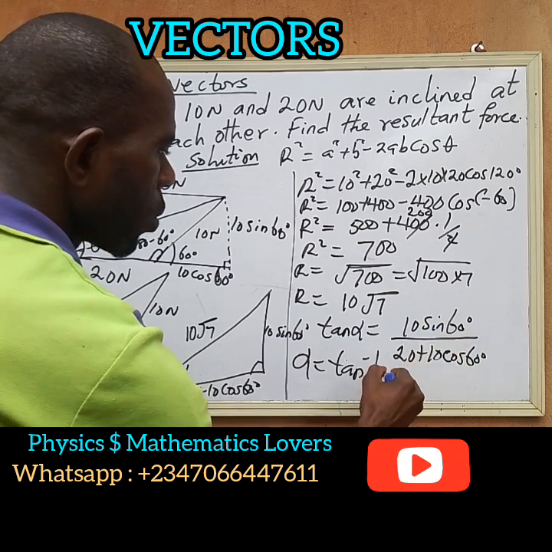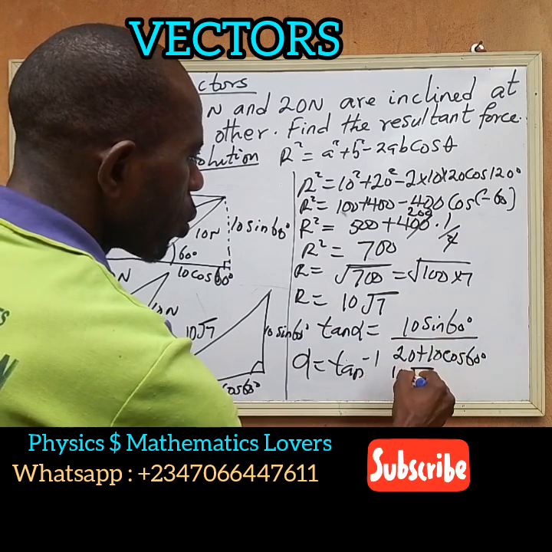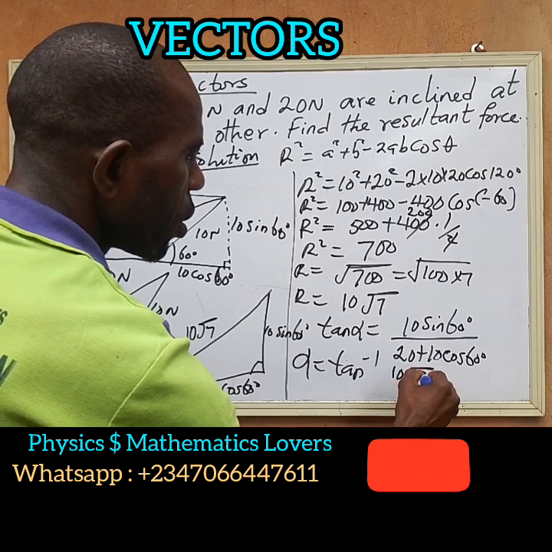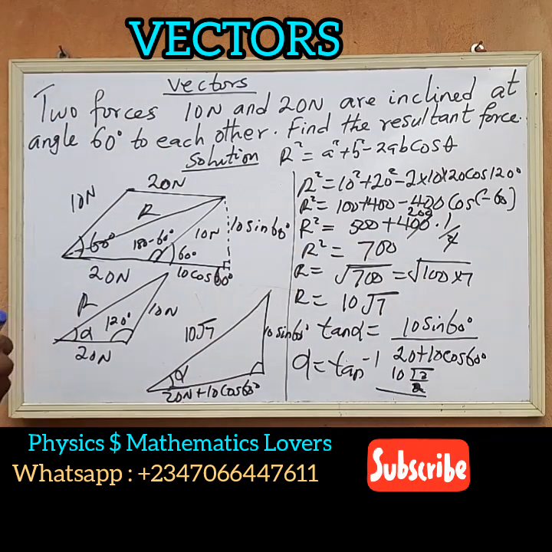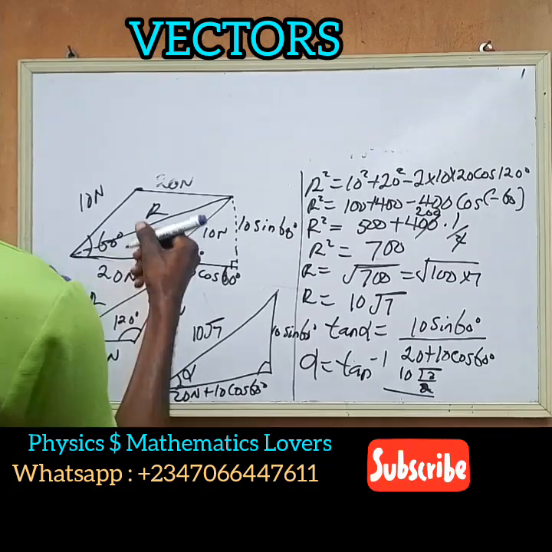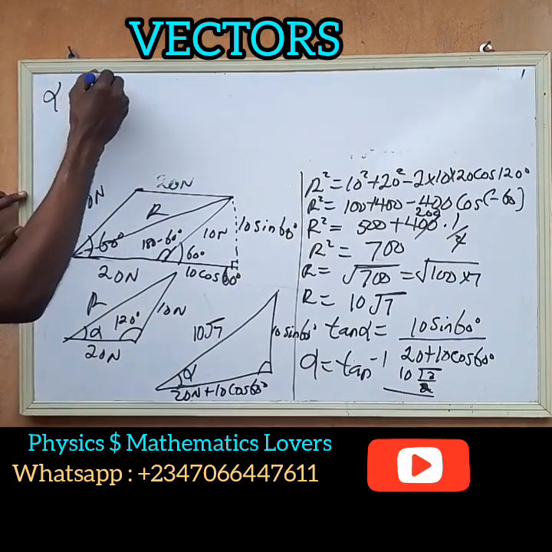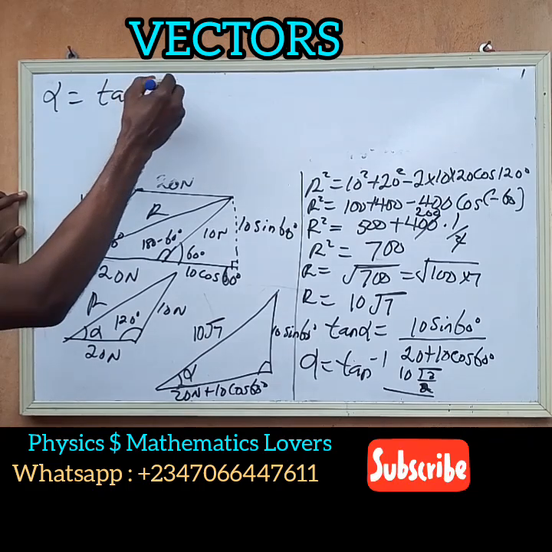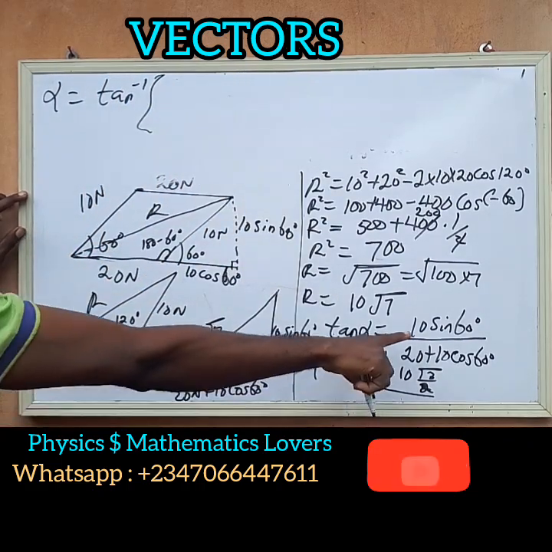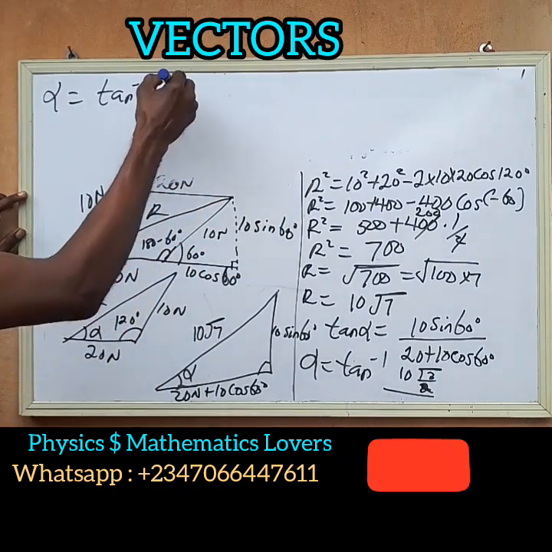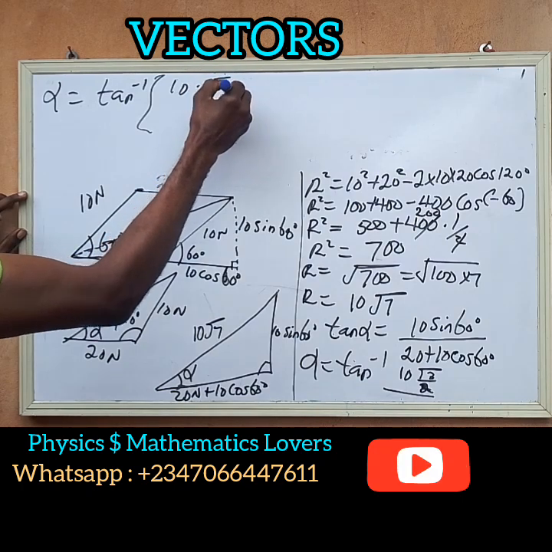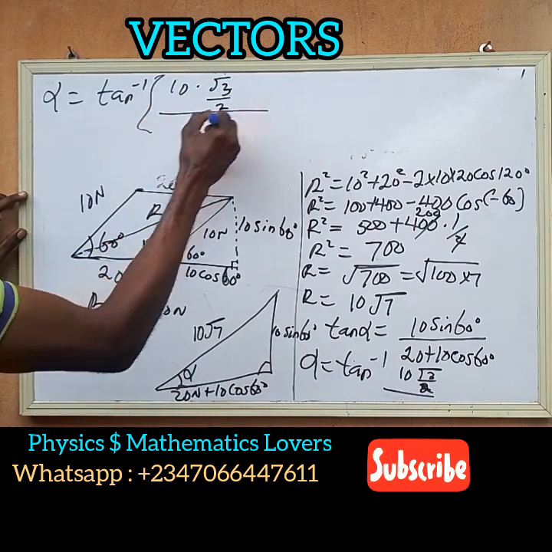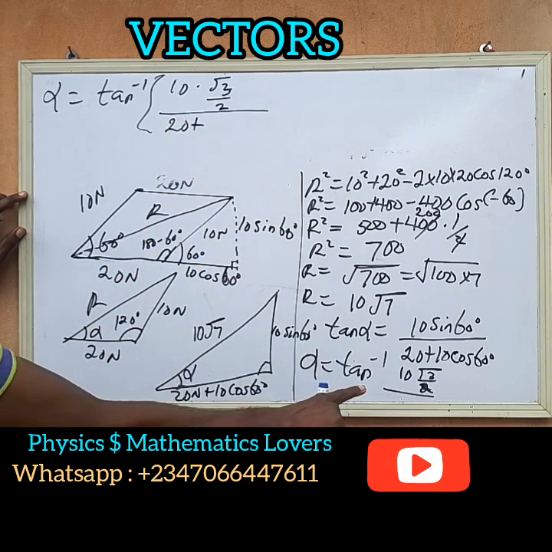Sine 60 is root 3 over 2, so 10 multiplied by root 3 over 2, all over 20 plus 10 cos 60.